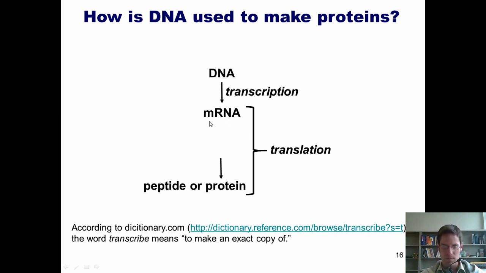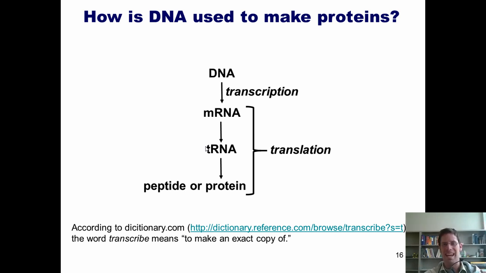The intermediary between mRNA and a peptide or protein is something called transfer RNA, or tRNA. Now, I don't want you guys to worry about all the details of this process yet. I'll explain those momentarily. I just want you guys to see the overview.